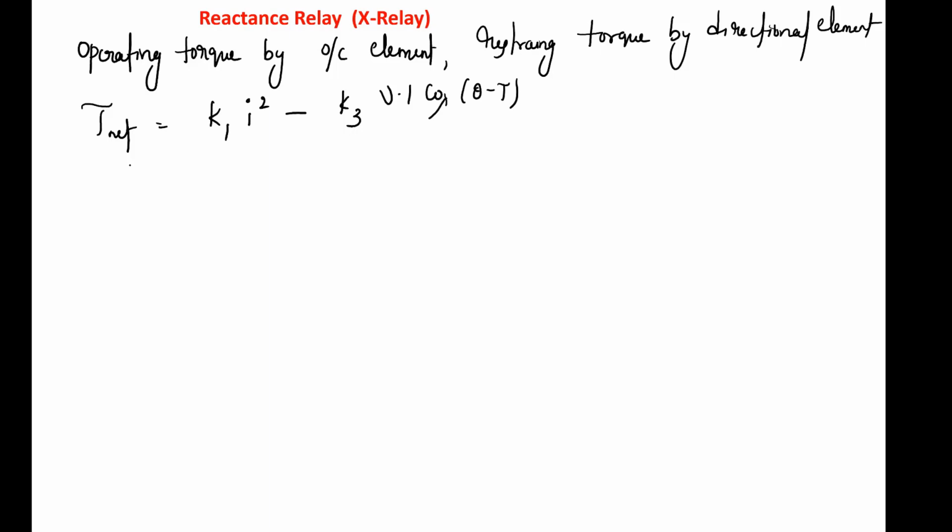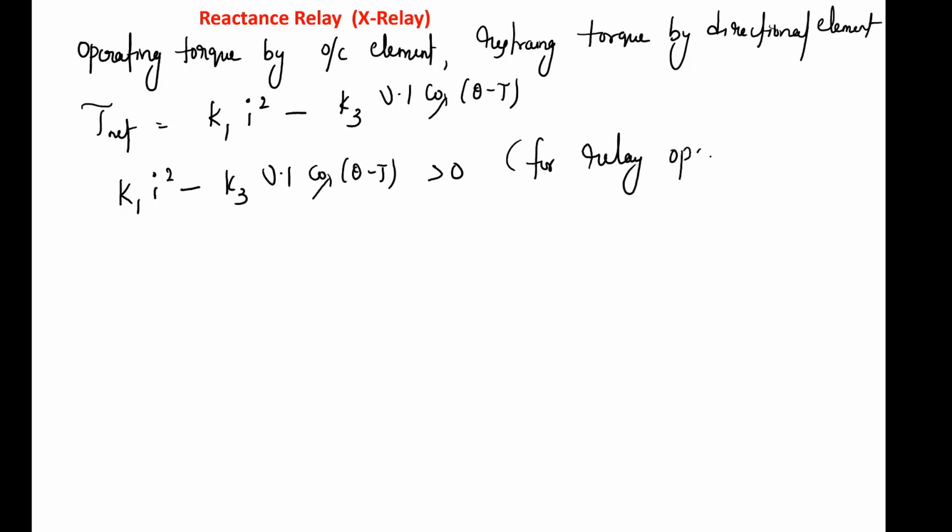So for relay operation, K1 I square minus K3 into VI cos of theta minus tau should be greater than 0. Understand?